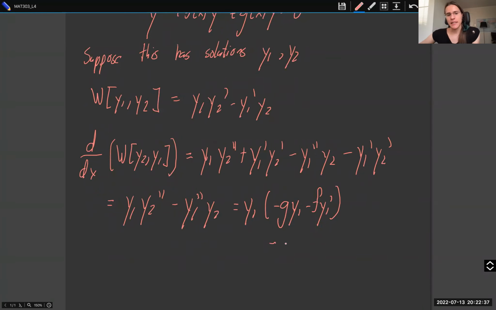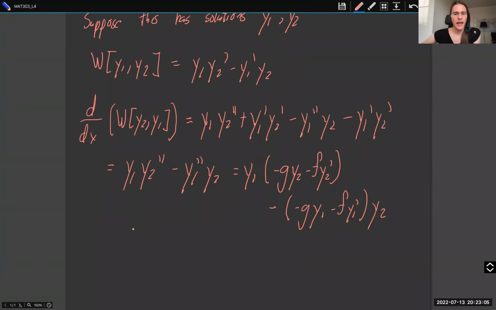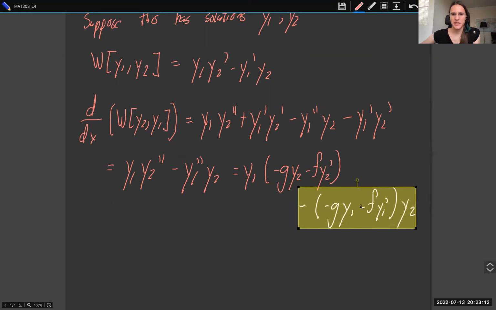And then we're going to do that expansion here, minus g y. Sorry, this is a y2. I want y2s here because g y1 minus f y1 prime times y2. Nope, I did need to actually break it up.